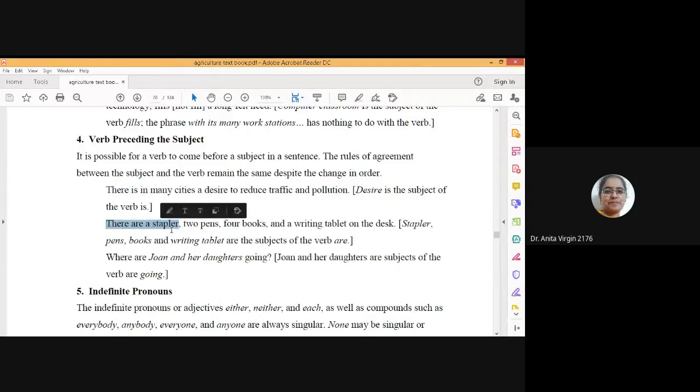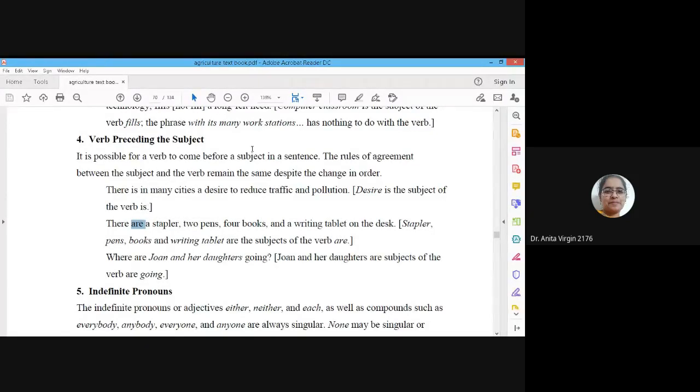There are a stapler, 2 pens, 4 books, and a writing table on the desk. How many subjects do you have? 1, 2, 3, 4. You have 4 subjects, and also something in between. So obviously, the verb will be plural, because you have many subjects there.